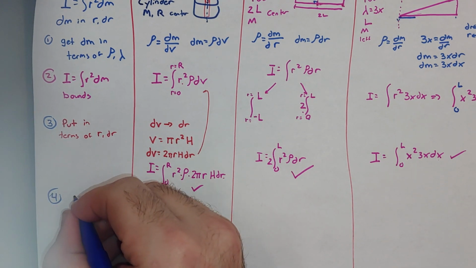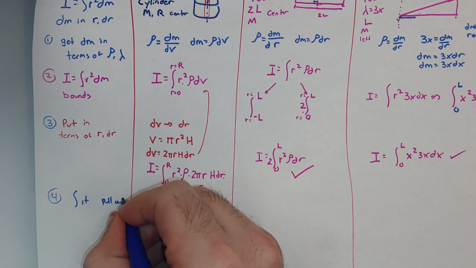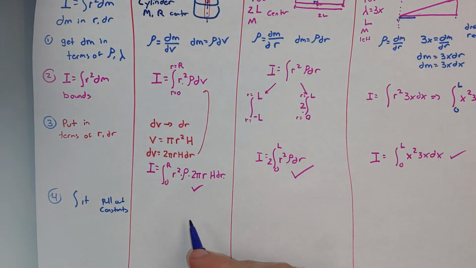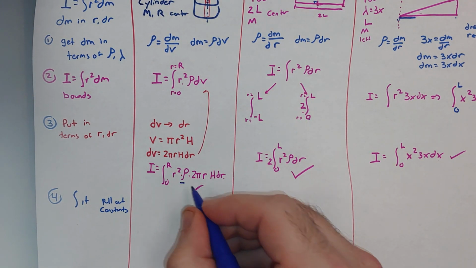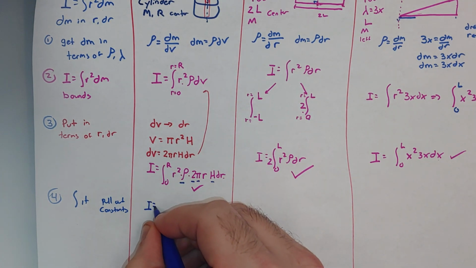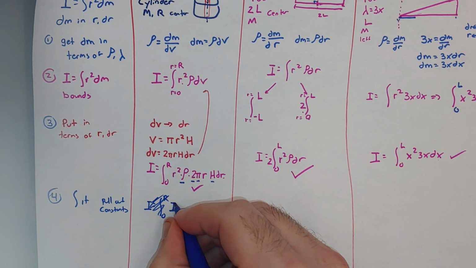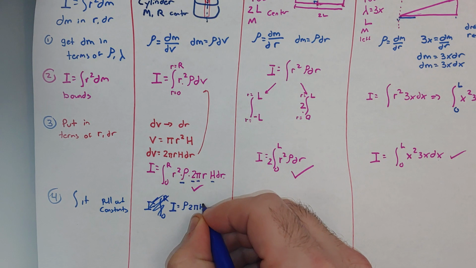Step 4. Integrate it, and we're going to pull out constants. Looking over here, the constants in this case are rho, 2 pi h.